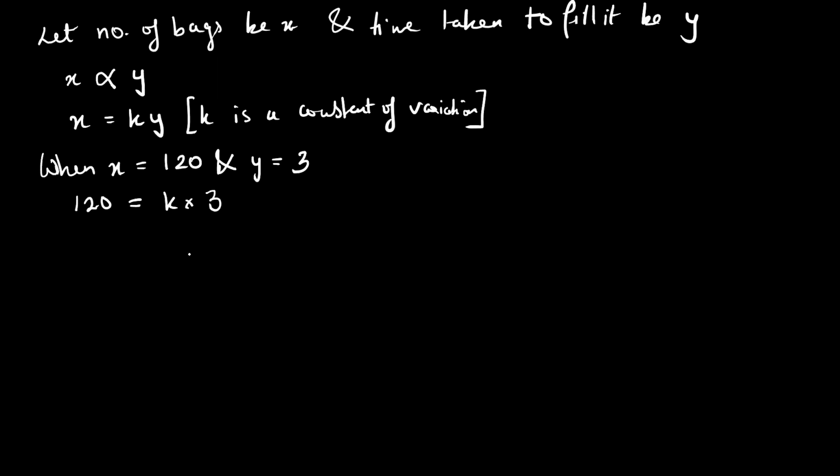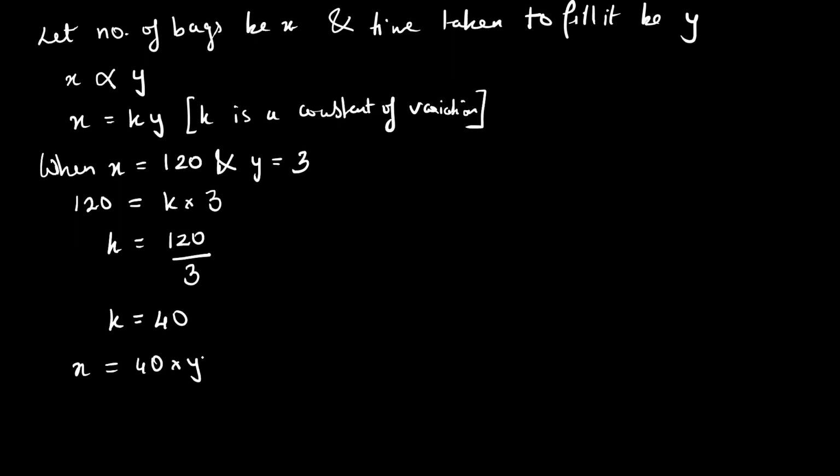So K is equal to 120 upon 3, so K is equal to 40. So substituting it, X is equal to 40 into Y.